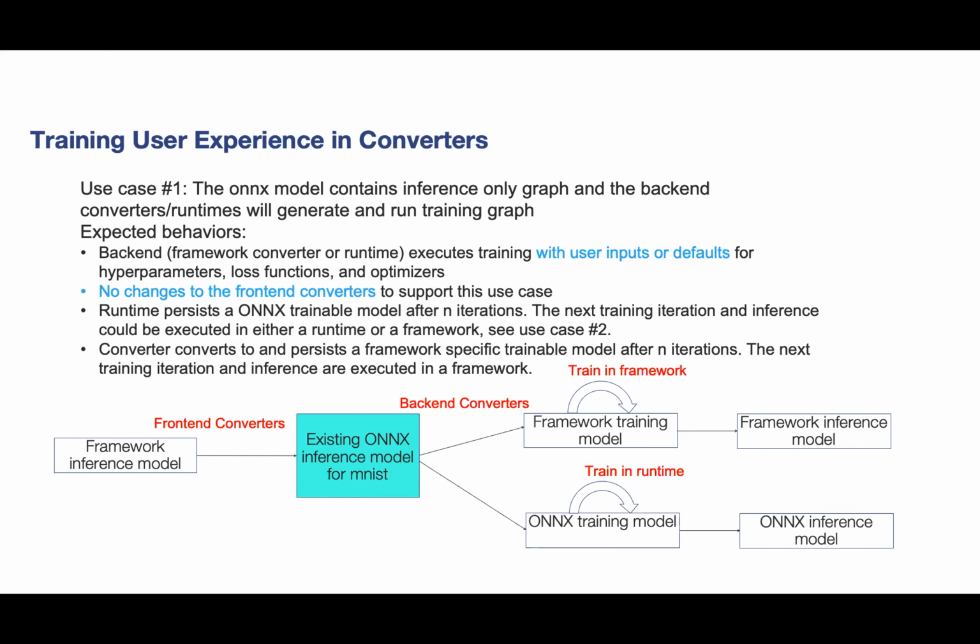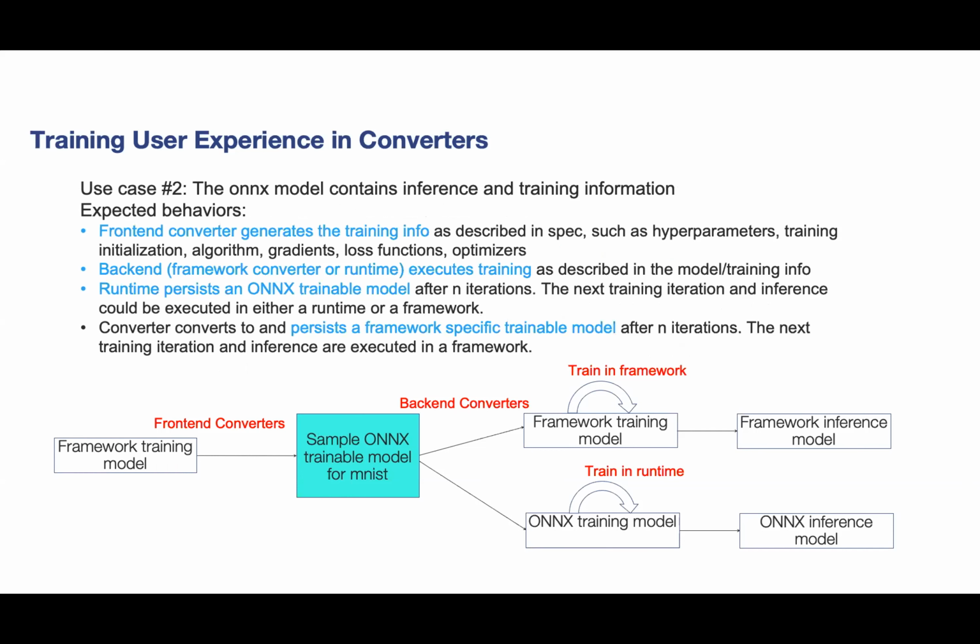Can we go to the next one? The second scenario actually involves both front end and back end. As you can see in the chart, the front end converters will produce this ONNX trainable model, including everything for the training information.